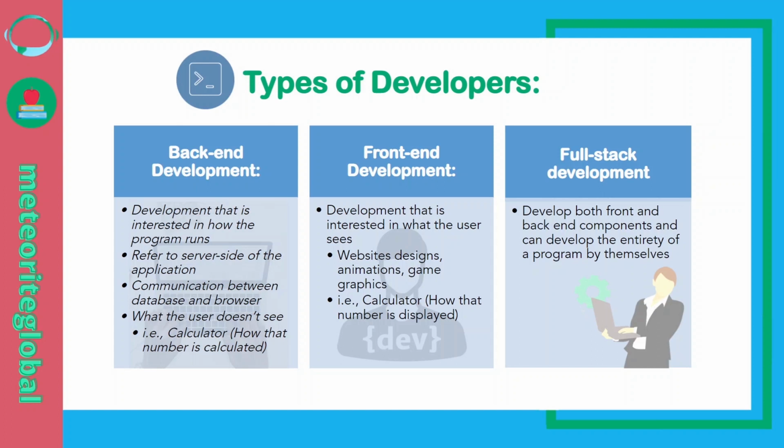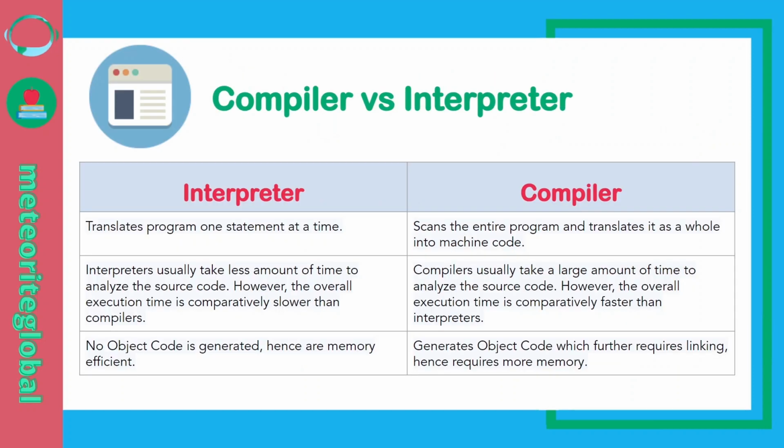And full stack development finally refers to both back end and front end development combined. Okay, so developers with both front and back end components can develop the entirety of a program by themselves. So these were the types of developers. You can choose which one you want to pursue in your future, or maybe now.